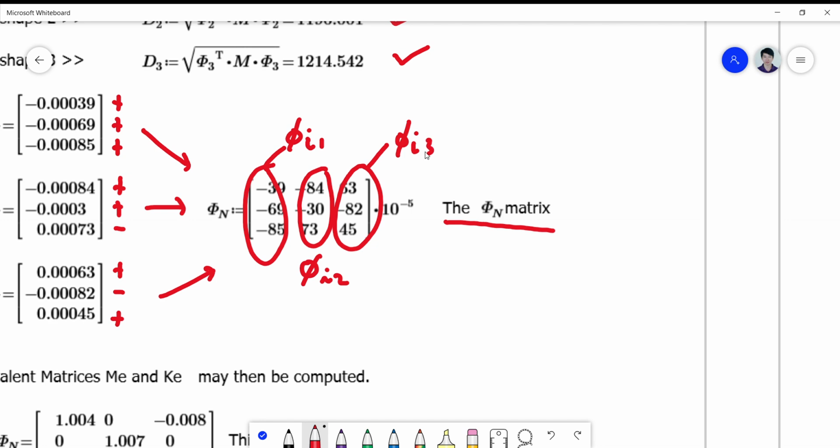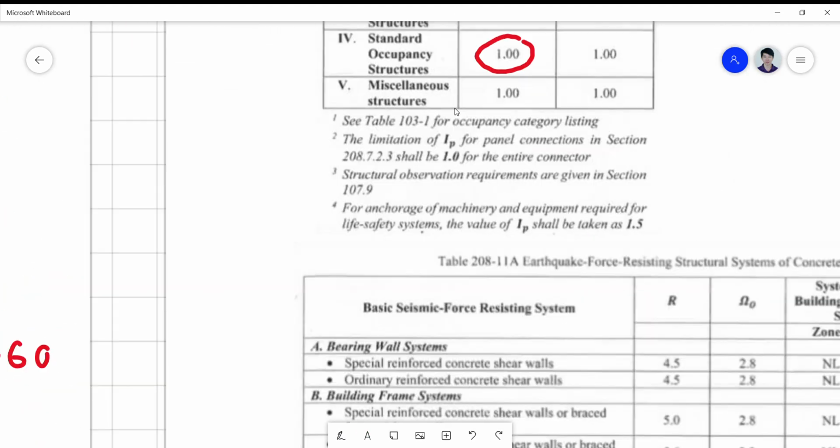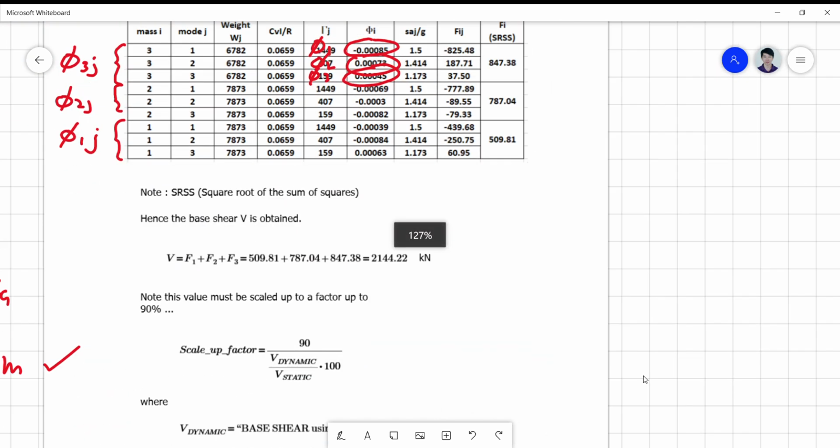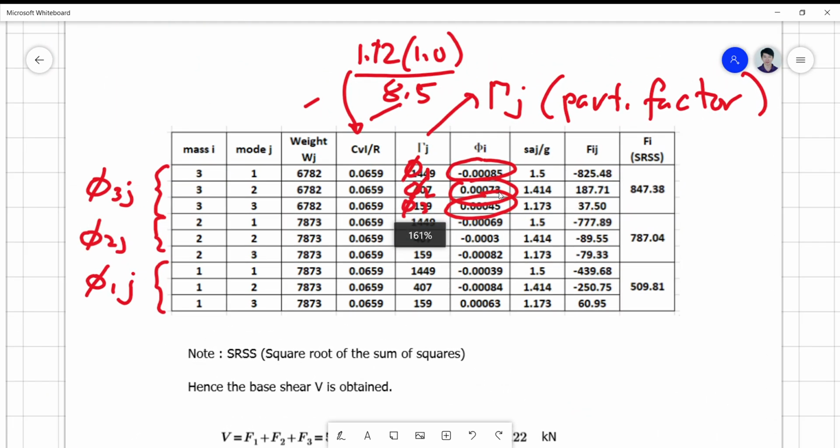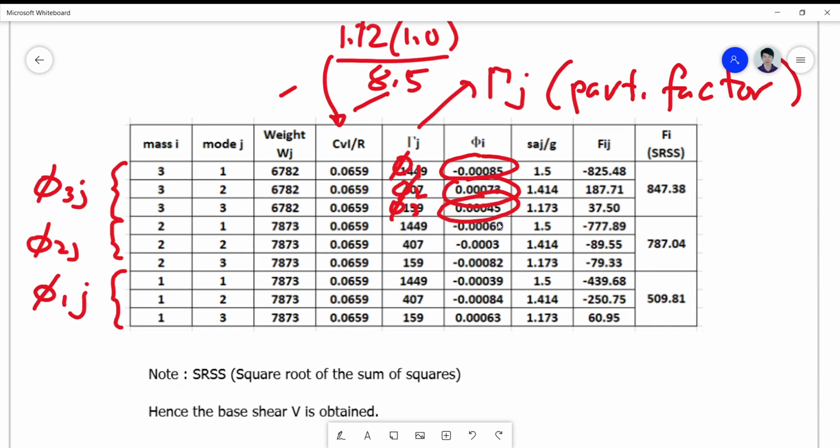Okay, so 85, 69, 39. So if you look at this part here in the computation, that is 85, 69, 39. Okay, 73, 30, 84, and 45, 82, 63. Okay, so those are the phi-ij's.